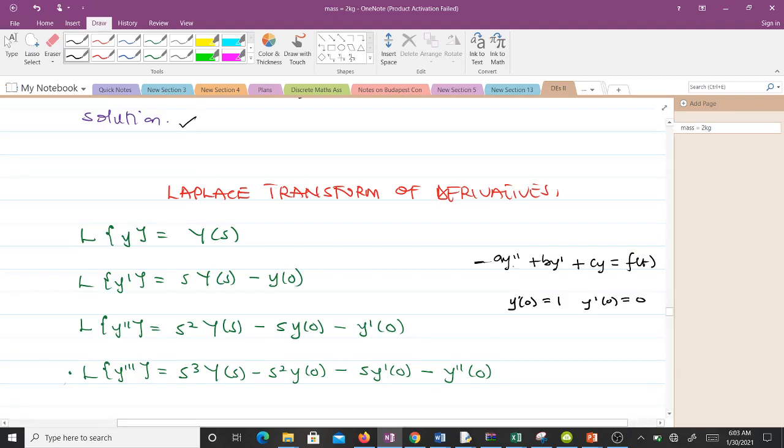That means you have to find the Laplace of y'', the Laplace of y', the Laplace of y, and after that the Laplace of the function here.